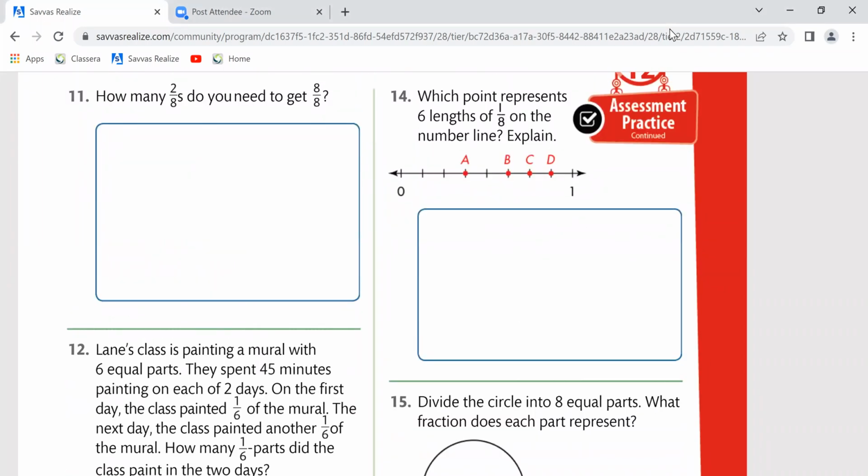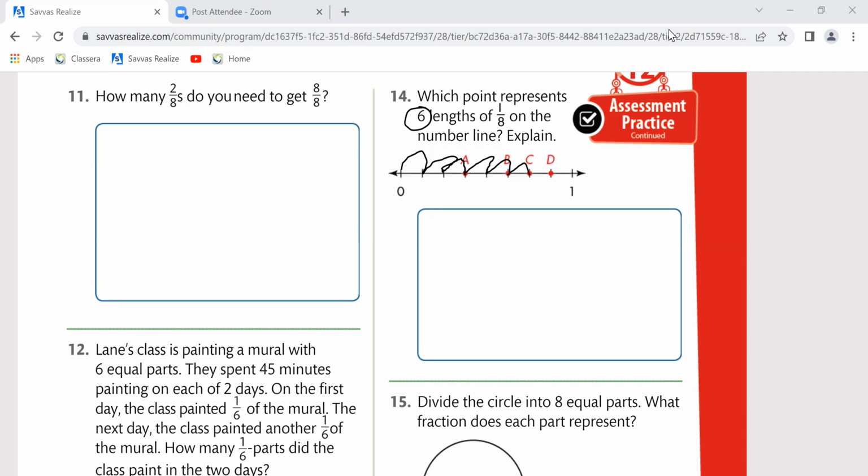Mohammed, go to the board and tell me which point represents 6 lengths. Again, here we do jumps. Which point represents 6? Find 6 lengths. 1, 2, 3, 4, 5, 6.